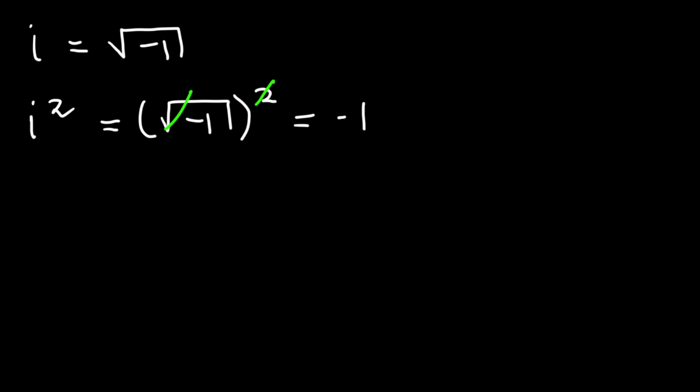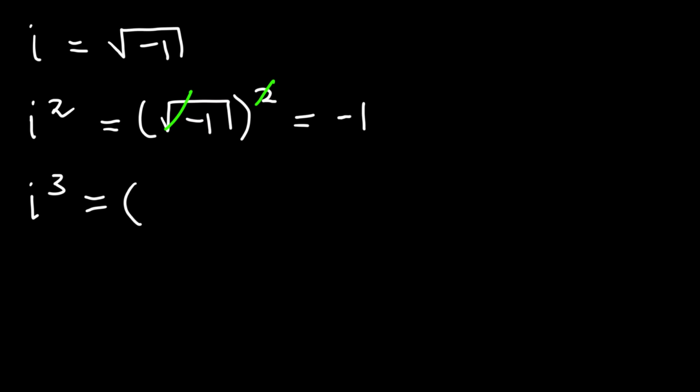If we get i raised to the power of 2, this will be equal to the square root of negative 1 raised to the power of 2. This 2 will cancel with the square root, and so we shall remain with i to the power of 2 equaling negative 1.